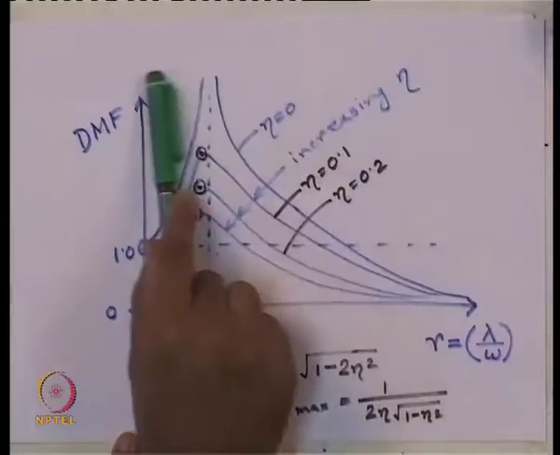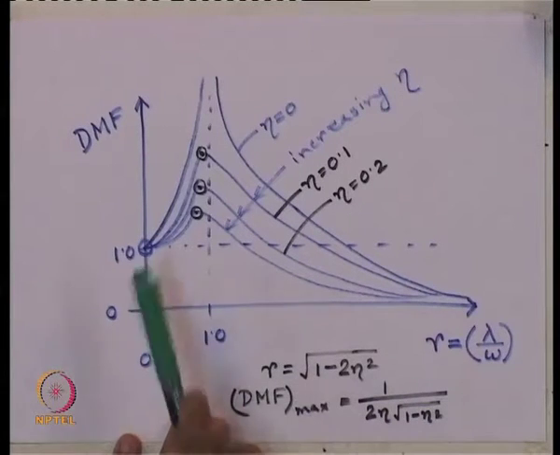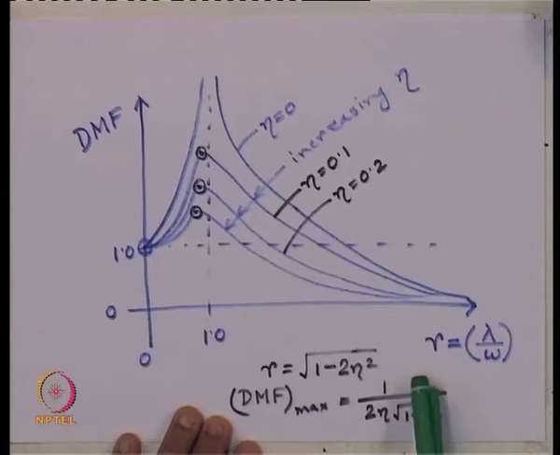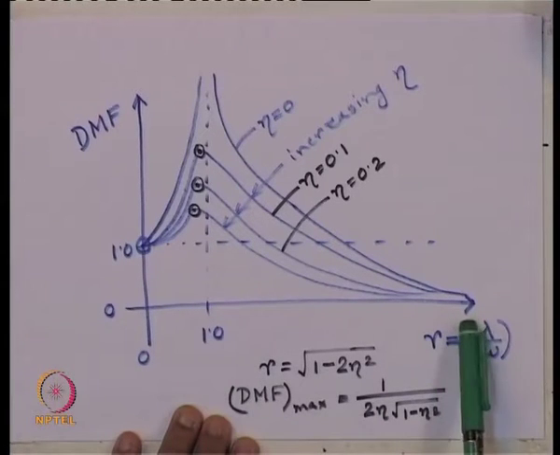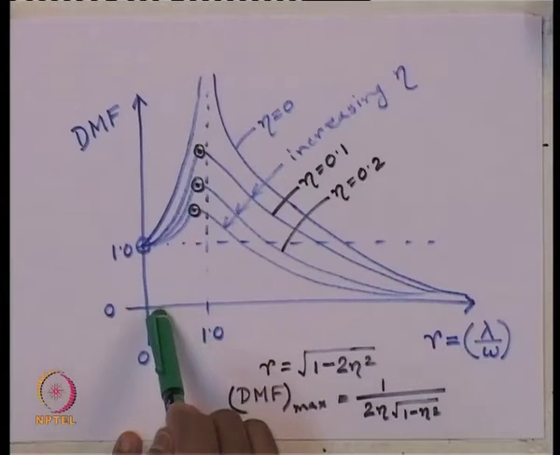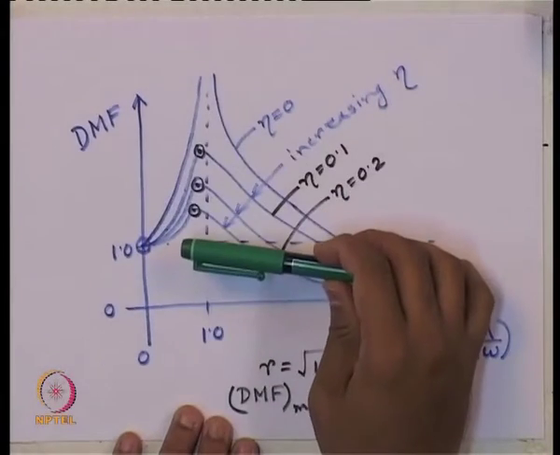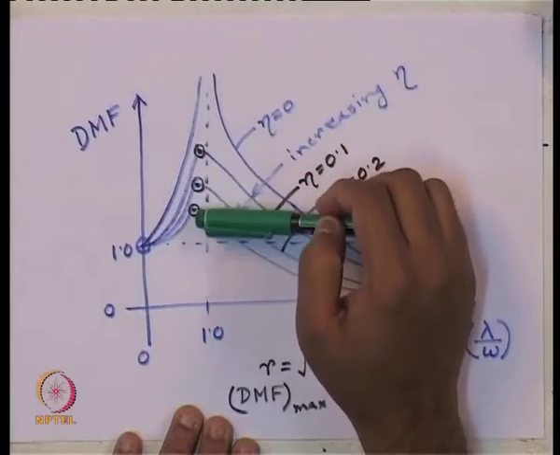In the design of your foundation system, which is subjected to a harmonic excitation like this, whether you have DMF very close to 1, or R value very much less than 1 or very high, you can control that by changing either the stiffness or the mass. And if you control the damper, you will get a change in the peak value of the dynamic magnification factor.